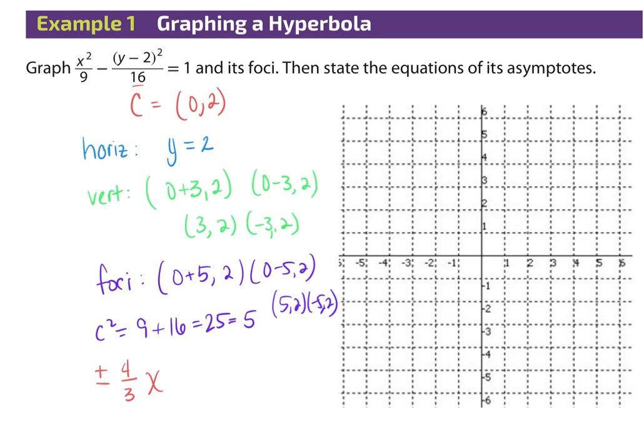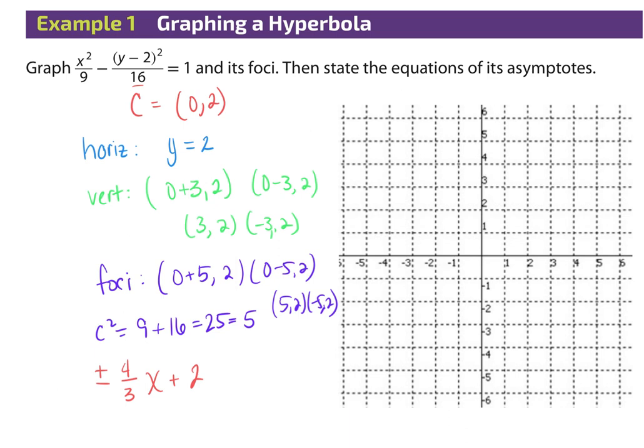And then plus k. I did b, sorry. K is 2, so plus 2. All right, that's how I'm going to graph my asymptotes here.